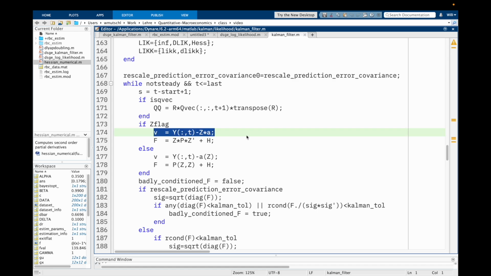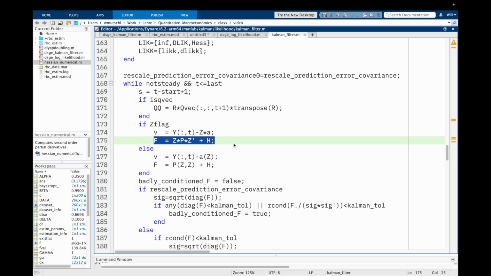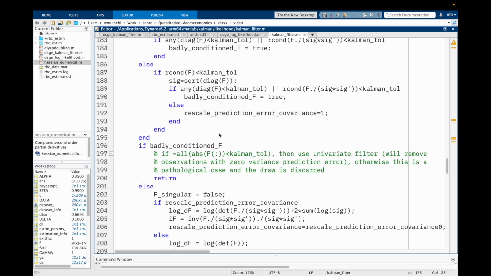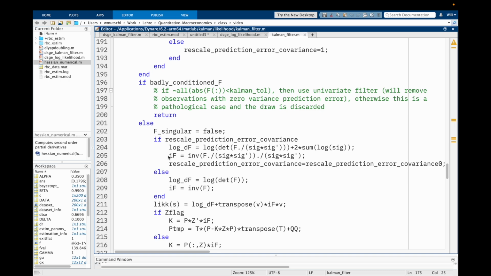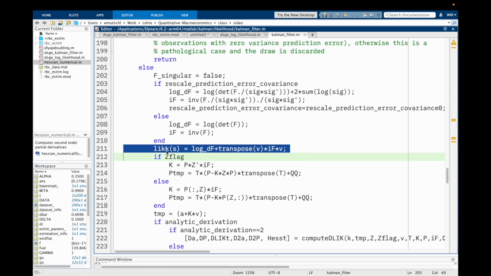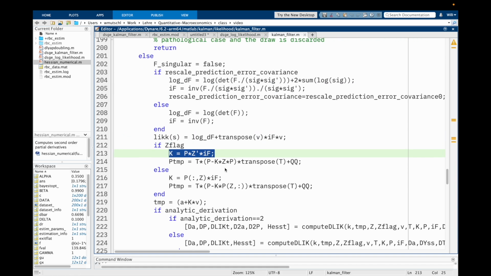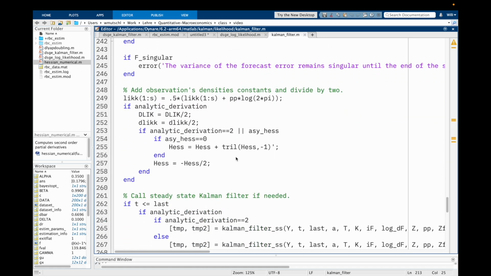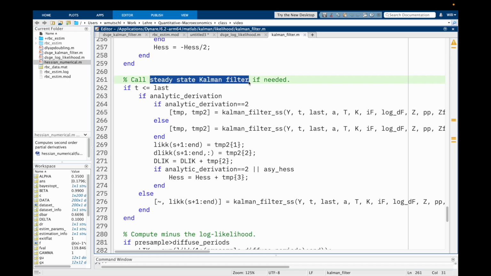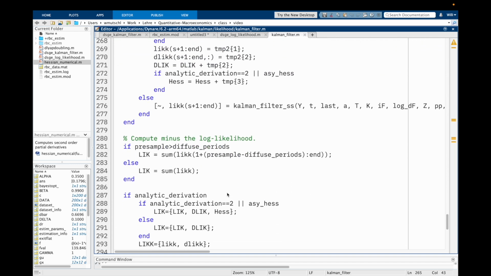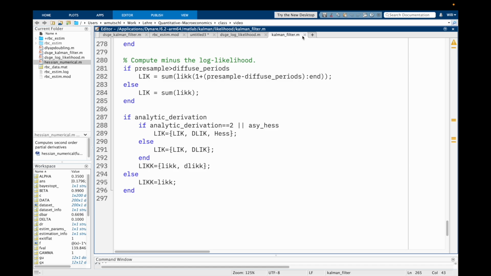It computes forecast errors, your omega matrix, then it computes the determinant of your omega matrix in a fancy way, the inverse of your omega right here, and then it computes the likelihood contribution. There's the Kalman gain. And at some point it can also call the so-called steady state Kalman filter. If the Kalman gain has converged, then there is another function which is called, which is so much faster than recomputing inverses. Okay, all right.